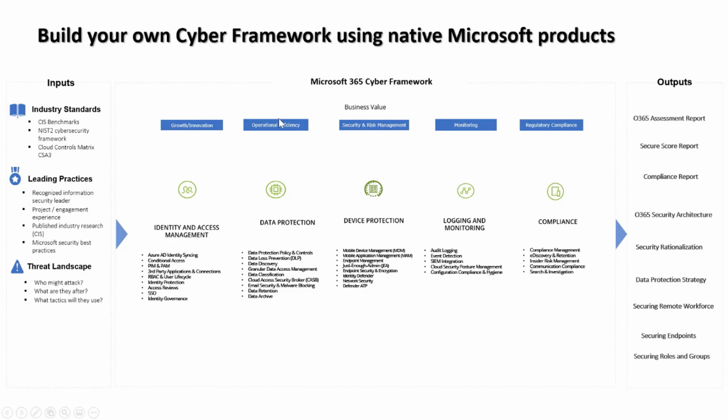When these inputs are given together towards these different domains, the output is that you can get your Office 365 assessment done, your secure score report, your compliance report. You can also figure out your device strategy, or maybe your CISO wants you to pull a report because he wants to understand, hey, how are we doing on the identity space, right?